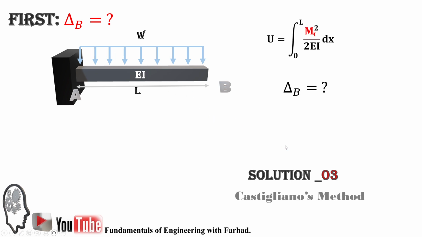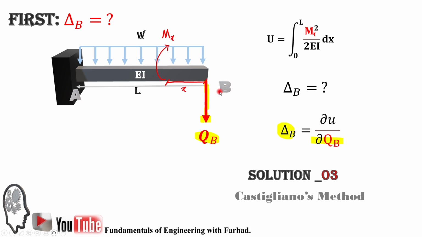So again, for the U function, delta B with the virtual load is partial U over partial Q sub B. If we cut the beam from the free end by a length of x and develop the moment function, the summation of moments about the cut goes to 0. It gives us negative M sub x minus Q sub B times x, the load times length, and this is clockwise, so it is negative, and then W x squared over 2, since the distributed load W x acts at x over 2.